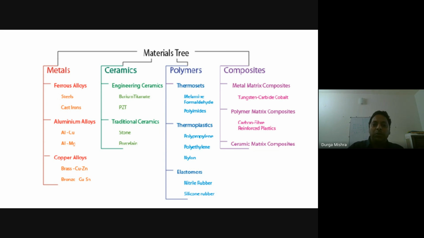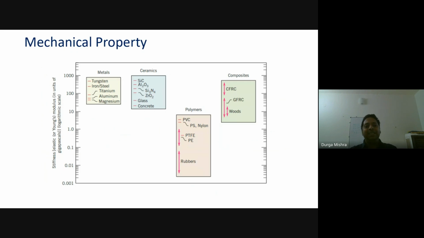So as I said, the distinction between these clearly different forms or classes of materials, ceramic or metal or polymer or composite, one can see in their properties. Here is an example of a bar chart, which represents stiffness.